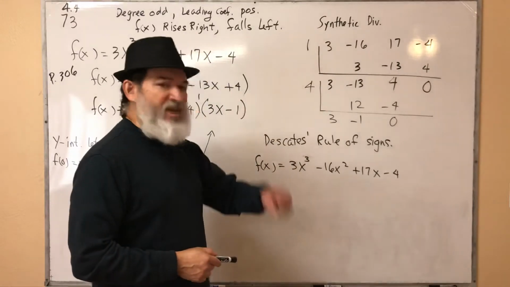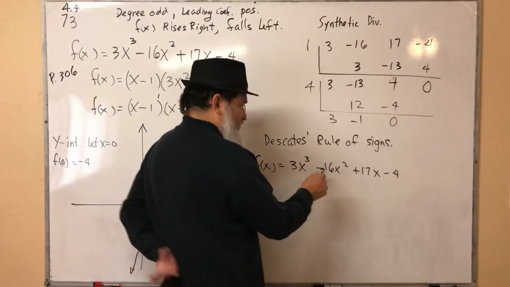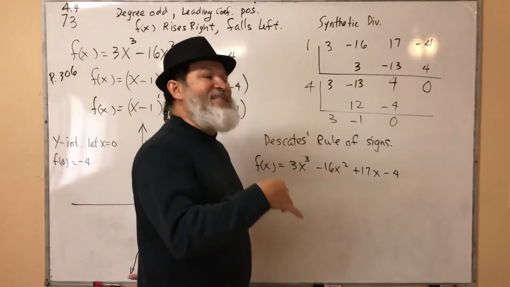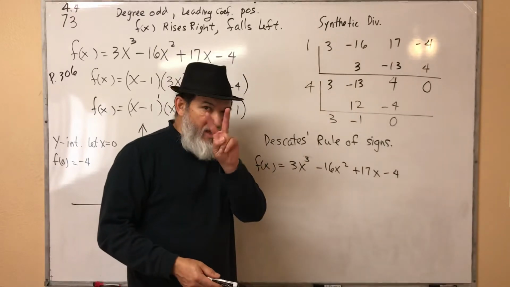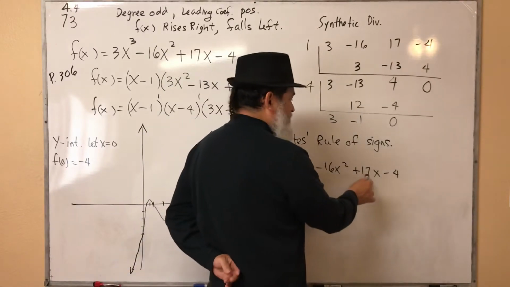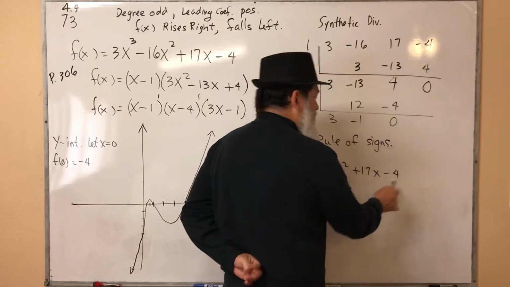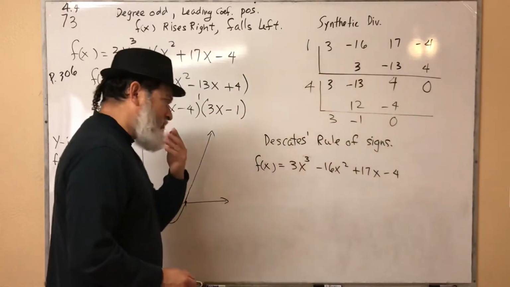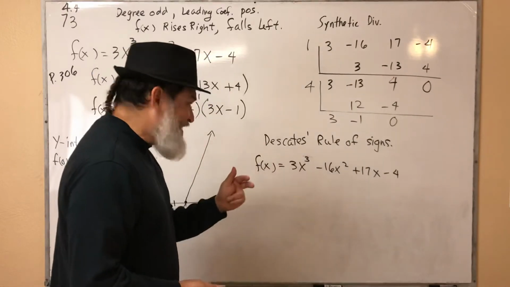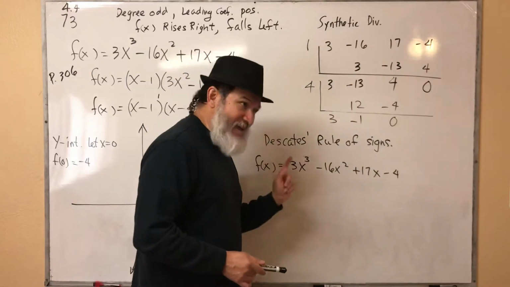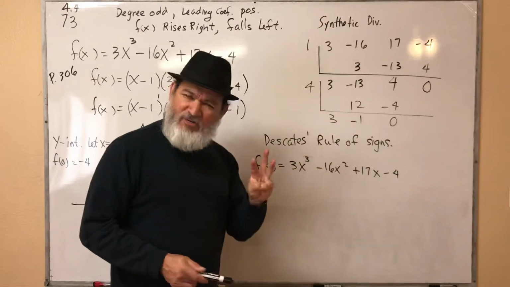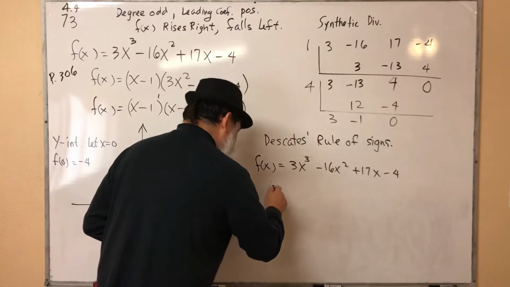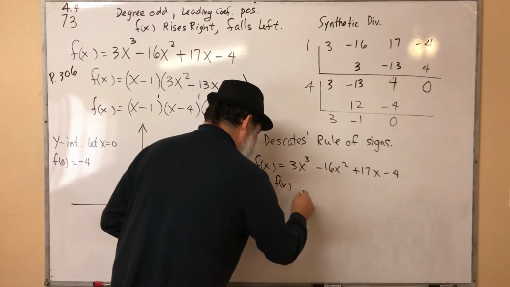So that's one variation. From negative 16 to positive 17, that's another change in signs. So that's 2 variations. From positive 17 to minus 4, that's 3 variations. So how many variations did we say? 3 variations.